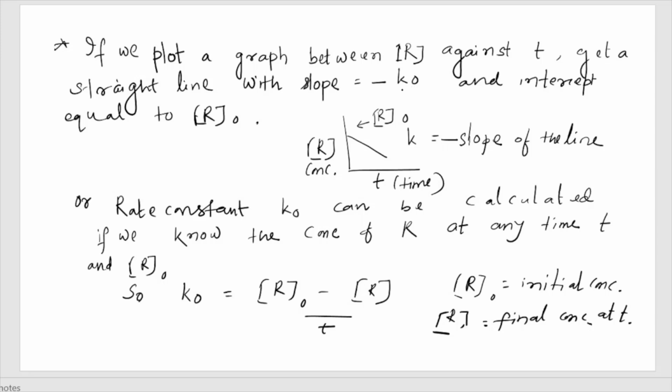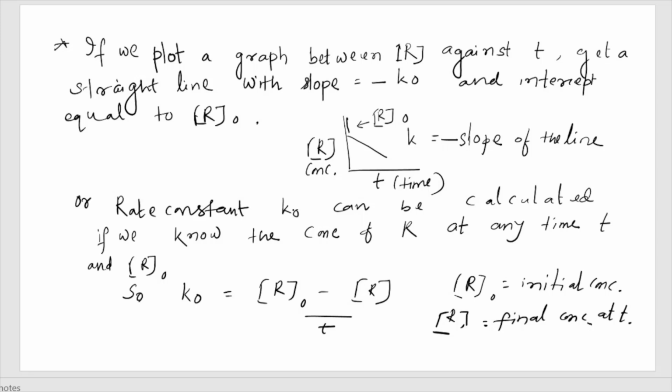K1 means the rate constant of first order. The intercept value is equal to R0, and the slope means K equal to minus the slope of the line. This is the concentration of reactant, this is time, and this is the graph, a very important graph.